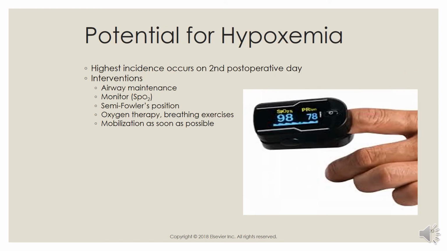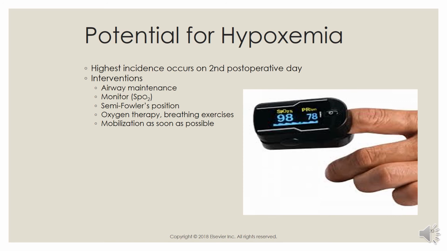What is hypoxemia? It's a low oxygen level in the blood. It's most common on day 2. Why do you think it's most common on day 2? Could have an infection starting in the lungs. Maybe it's an accumulation of medication. So what can we do to prevent it? We want to monitor that airway.